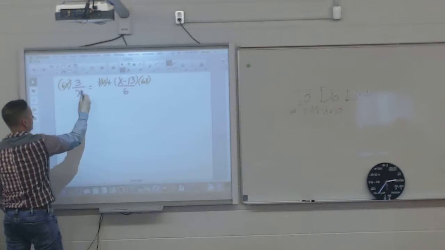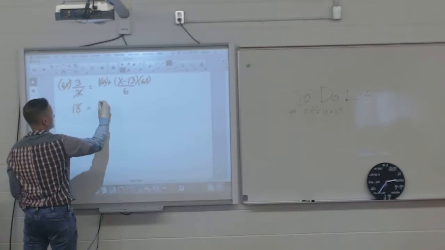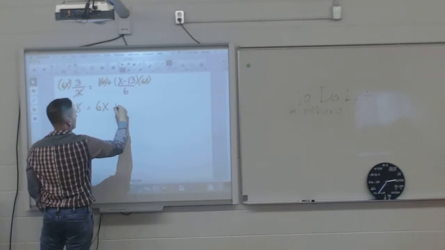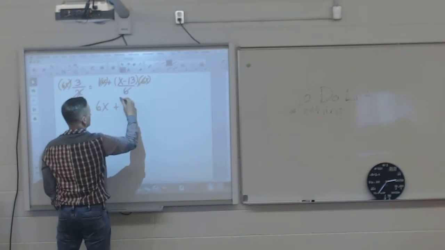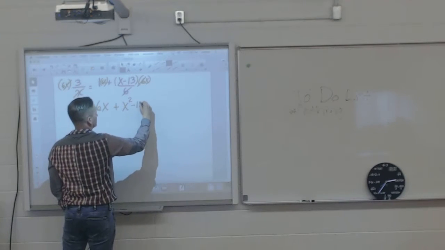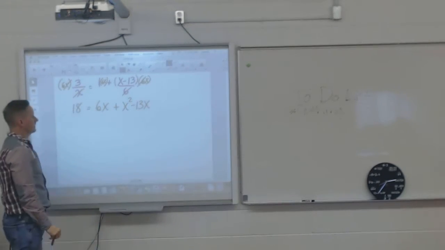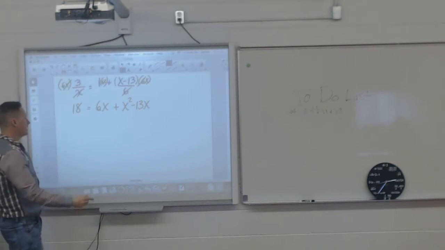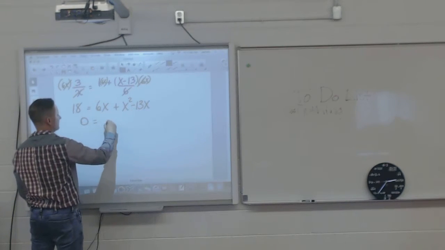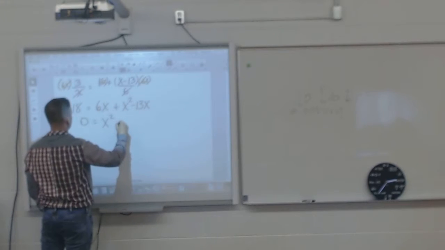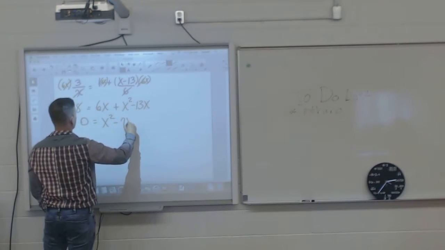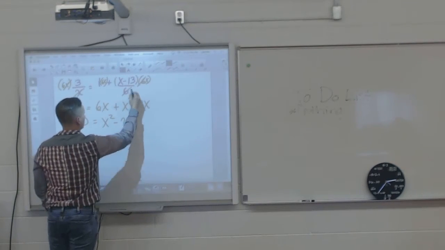Okay, x is canceled, leaves me with 18 equals 6x plus 6 is cancel, x squared minus 13x. Get everything to the same side. 0 is equal to x squared minus 7x minus 18.